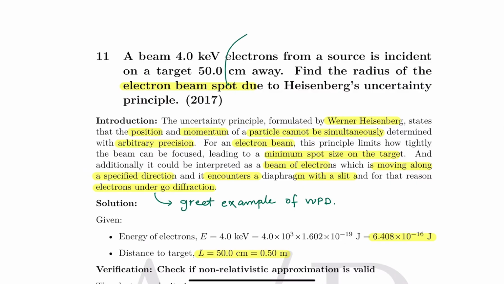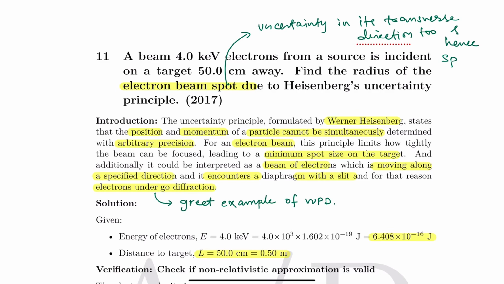The simple reason is that there would be uncertainty in its transverse direction too, and hence spread will happen.